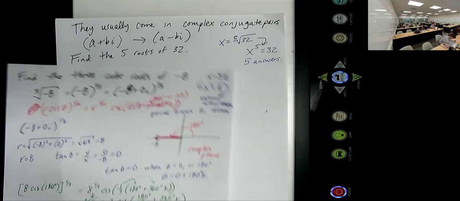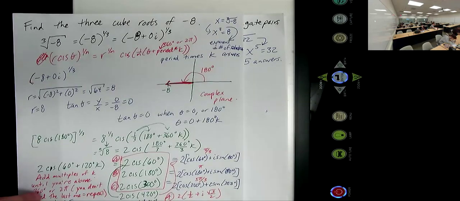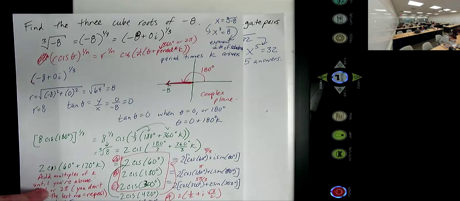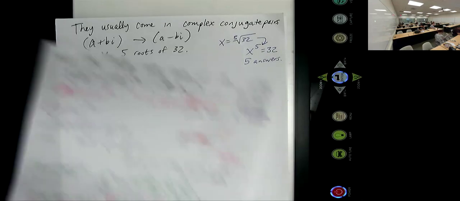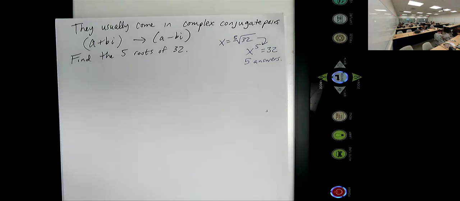I do kind of want to retract this bit about 360, because you might have to take 2 laps around if you have an odd root and it's like to the 2/5 power. I'll do an example of that in a second.